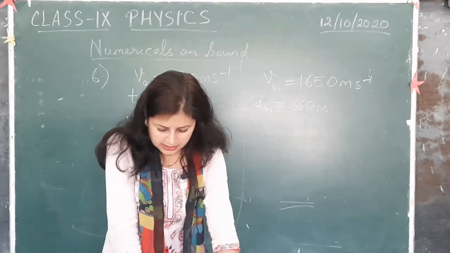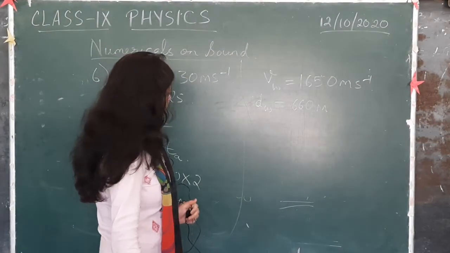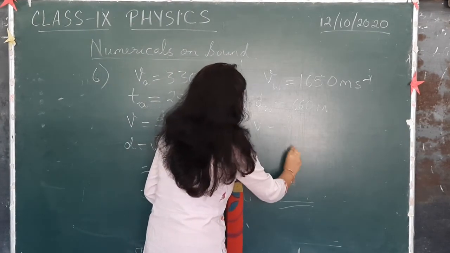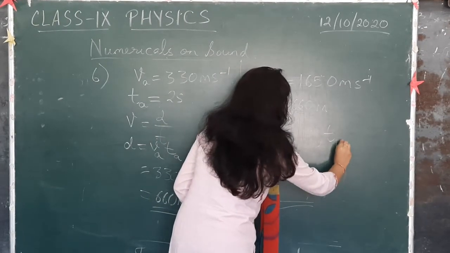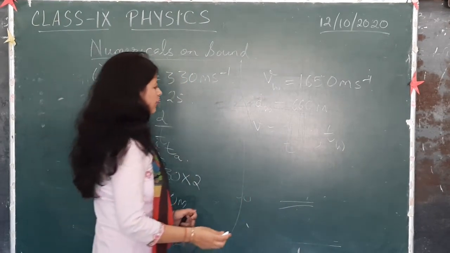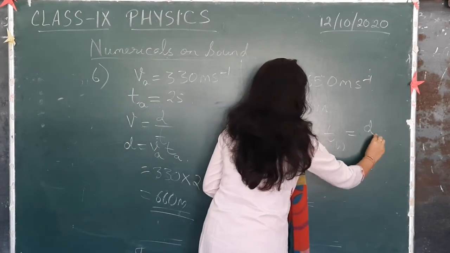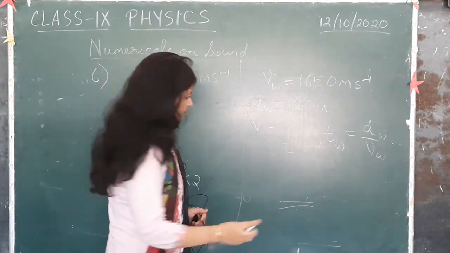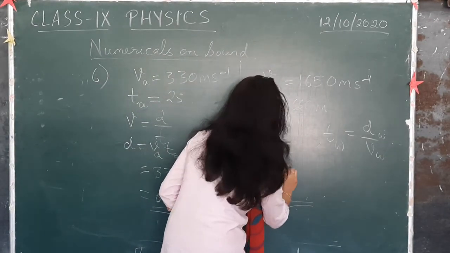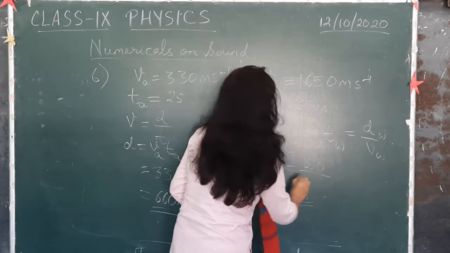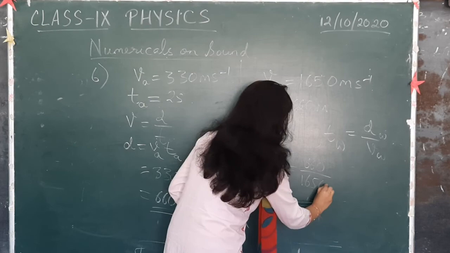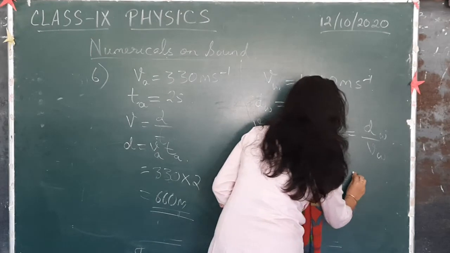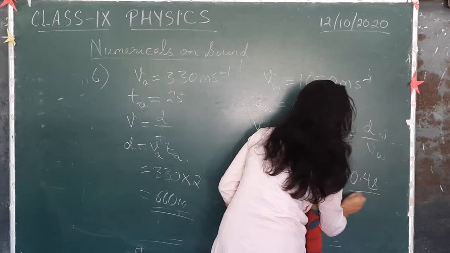We use the formula V is equal to distance by time, or time required for the sound in water can be written as d divided by V in water. Distance is 660 meter and velocity in water is 1650. On calculation you will be getting this time to be equal to 0.4 second.